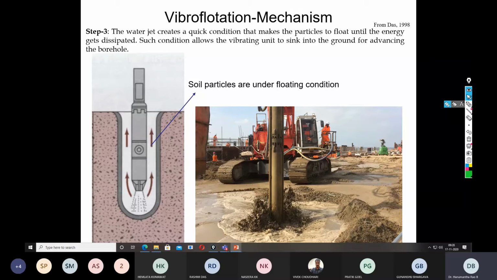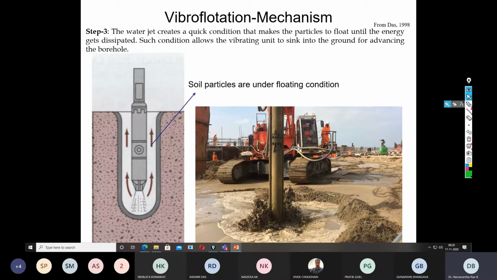So when you talk about the vibroflotation, here we induce the vibration energy to loosen the soil. That loosened soil mixes with the water. Now when the soil particles are mixed with the water, they are in some kind of floating condition. That's why it is called vibroflotation. The soil particles are under the floating condition.